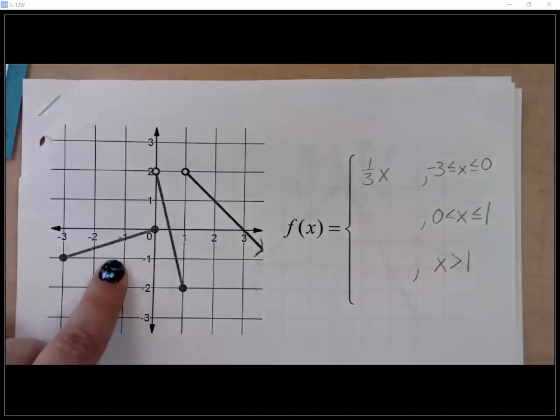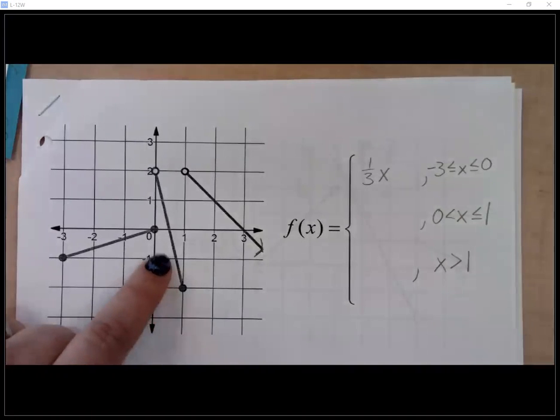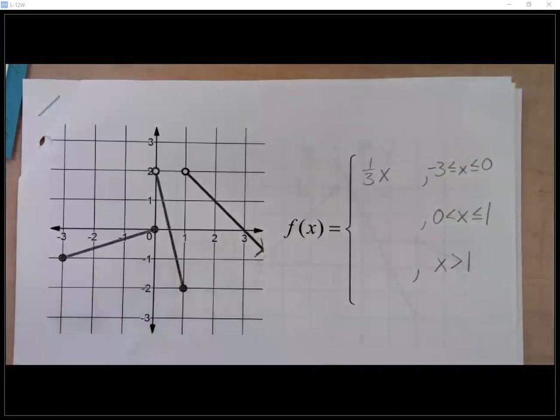You try the middle one. Anybody think they have it?